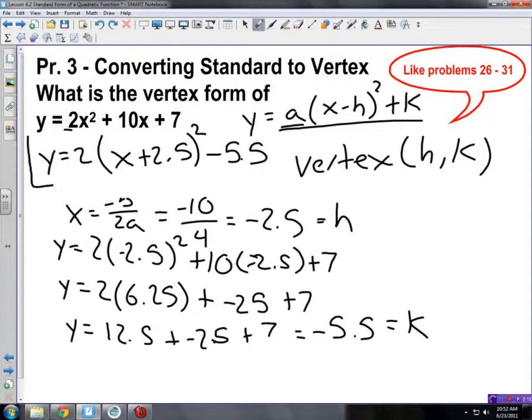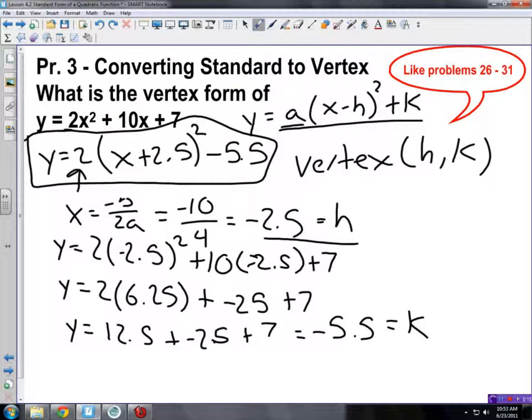And this is our vertex form. Okay? So basically, the steps in doing this: we know the a value. To find the h value, we need to use the formula, and then we plug it in to find the k value.